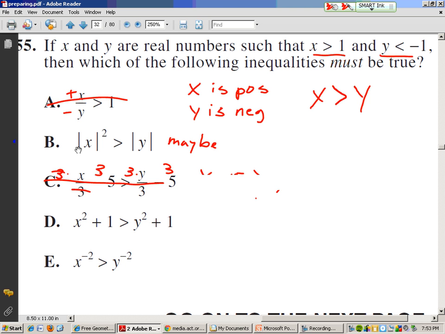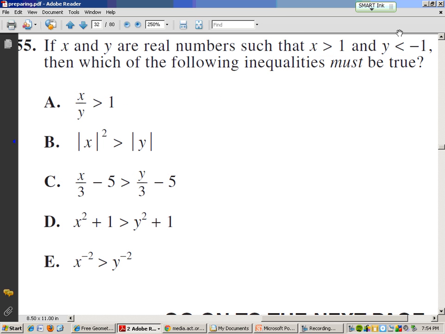Now here, once again, x is always bigger than 1. Well, if I subtract 1 from both sides, let's clear it and I'll see. So we said, let's multiply both sides by 3, and we get x minus 15 is bigger than y minus 15, right?